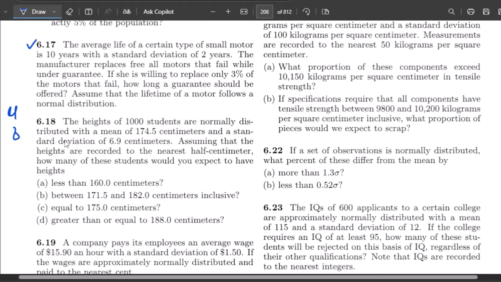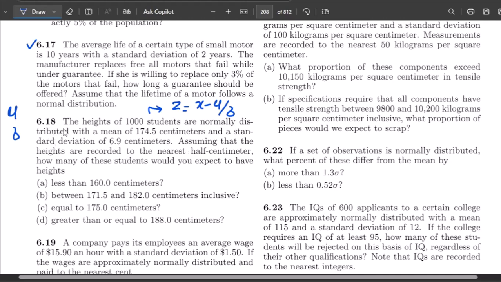First of all, we converted all of these values into the z domain. If we had some value x, then (x minus mu) divided by sigma was the equivalent z, and then we found all the probabilities by using the z distribution table. So this was basically the theme in all of our previous questions.